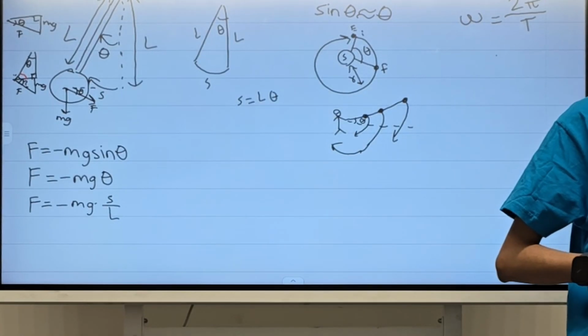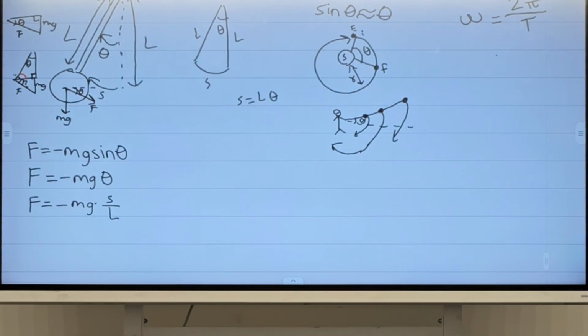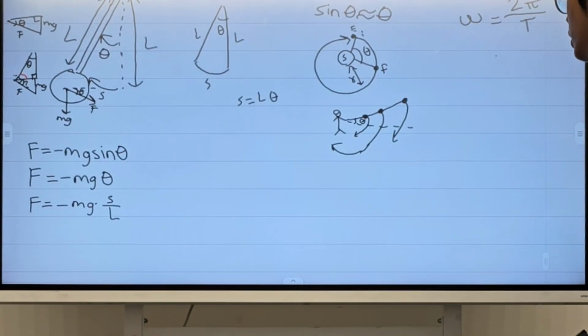Let's take this, and what we're going to do is find the distance that this travels.